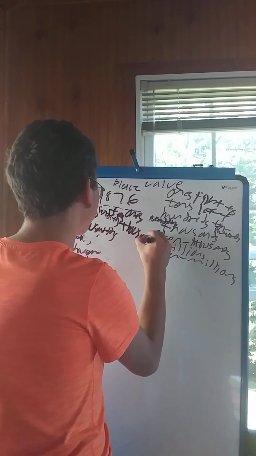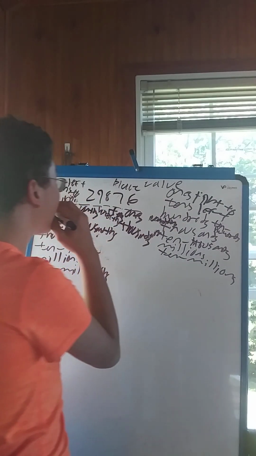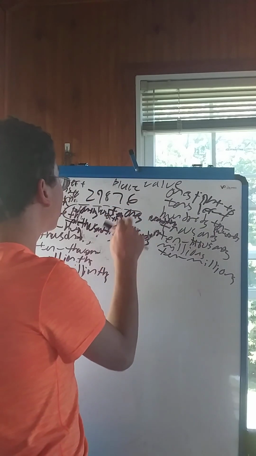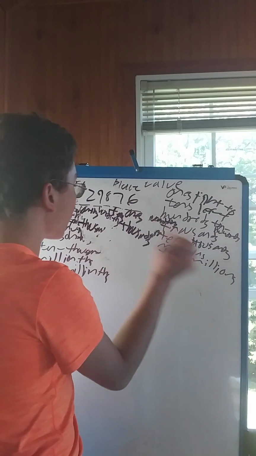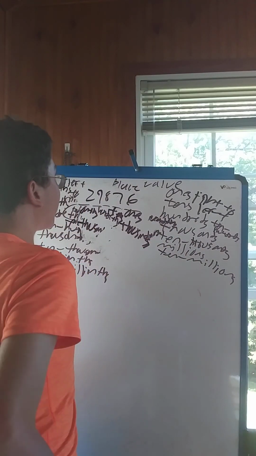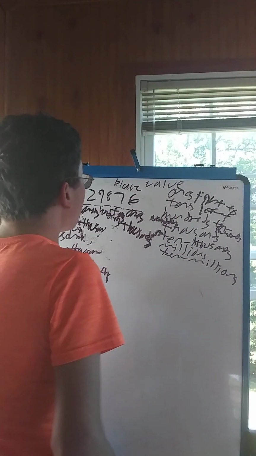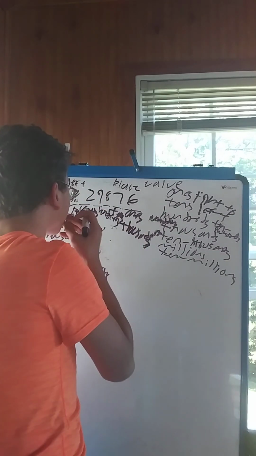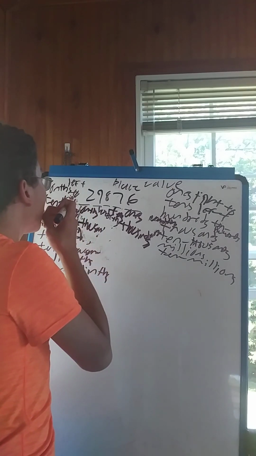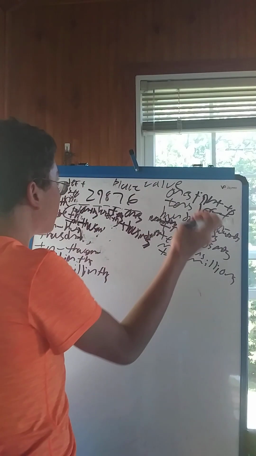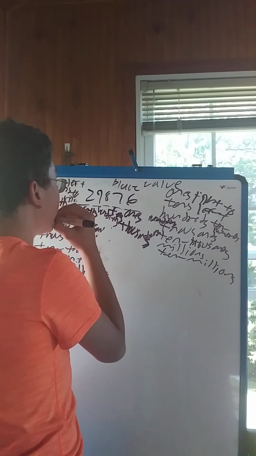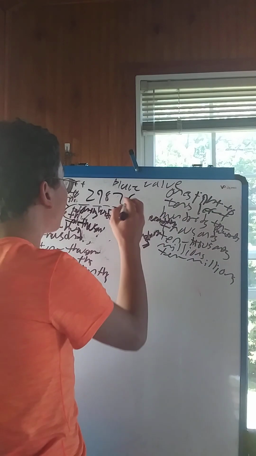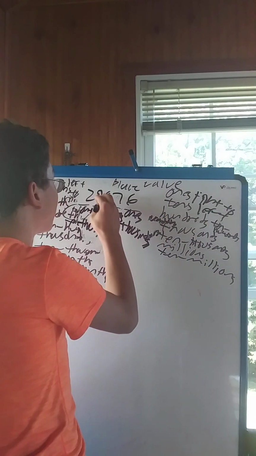Wait a second, is that right? Okay, that would not be right. Oh my goodness. So the 2 from left to right is ones, and from right to left, tens, hundreds, thousands.